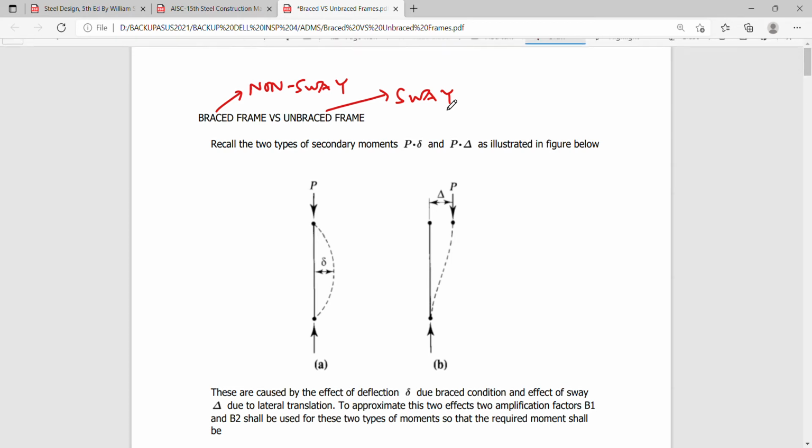So in our previous lecture, we recall the two types of moments that are induced on a column. We have the P small delta moment and the P big delta moment.